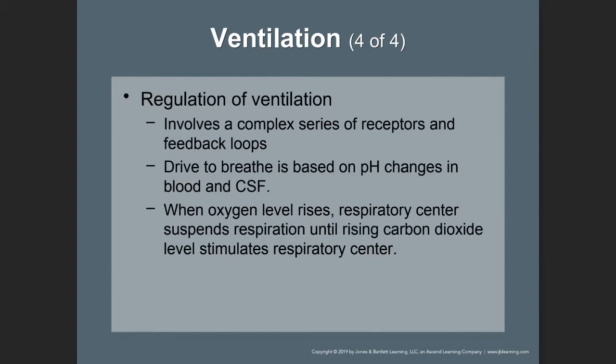If it's too alkaline, the respirations will slow down. The central chemoreceptors in the brainstem respond to changes in the pH as a result of too much or too little CO2 in the body. When oxygen level rises, the respiratory center suspends respiration until the rising carbon dioxide level stimulates the respiratory center. So there has to be a balance.